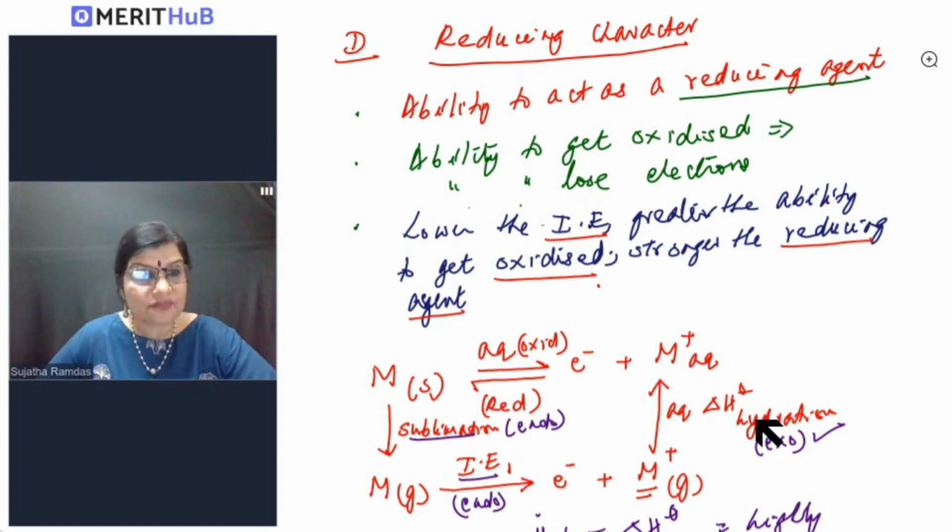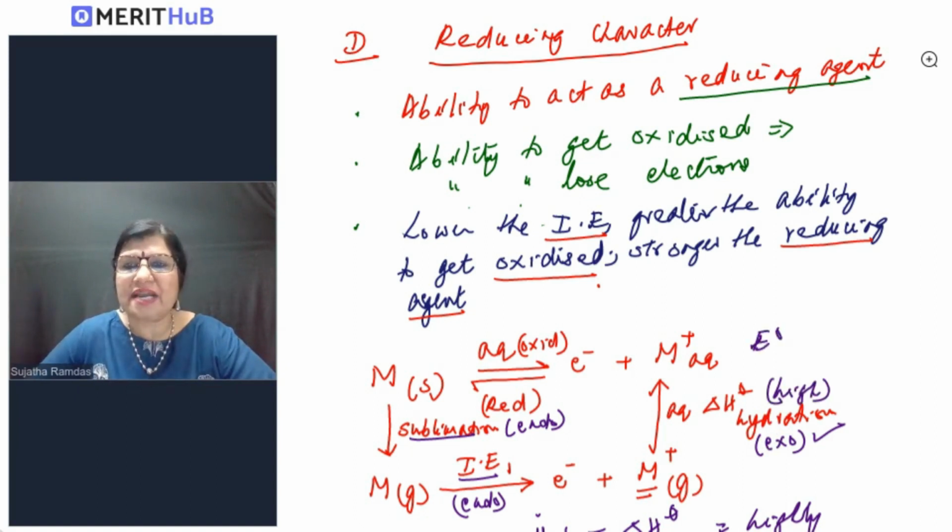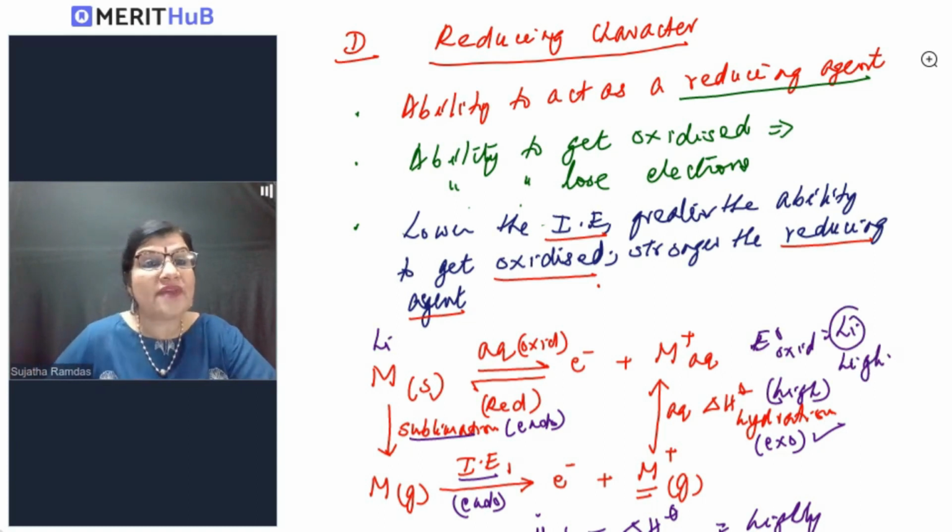Because of that, the forward reaction is favored. Because of the high magnitude of this factor, the oxidation potential of the lithium atom will be high. That's why the lithium ion has a very low reduction potential.